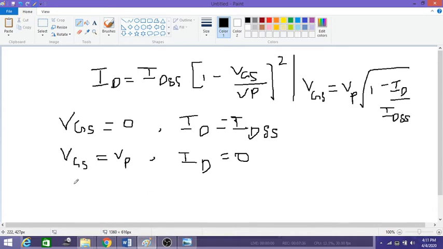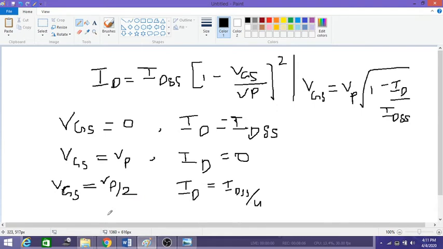So in the second equation, if we consider ID is equal to IDSS by 4, then here we will get VGS is equal to VP by 2.